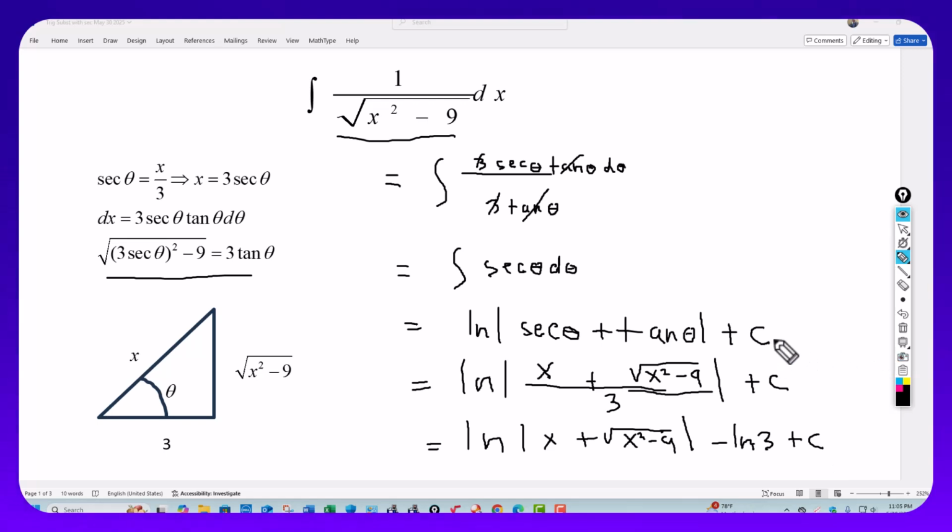So you can see what's happening here, I'm going to call this constant C1. This is still C1. And then right here, this is just a constant.